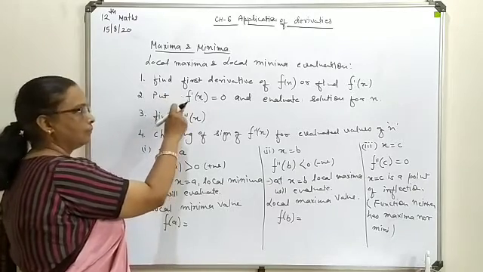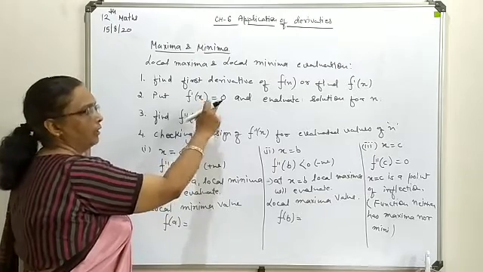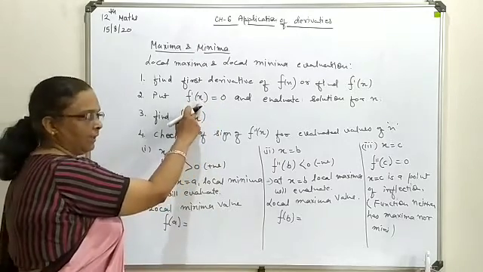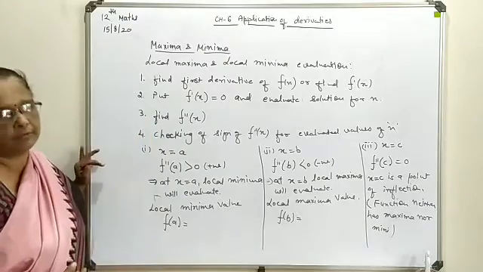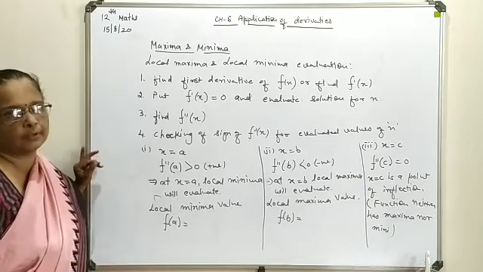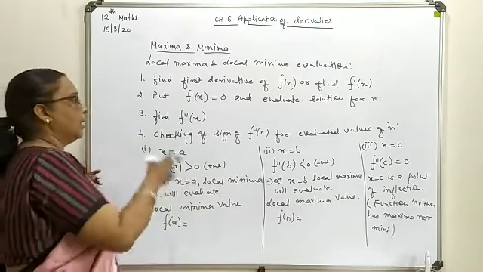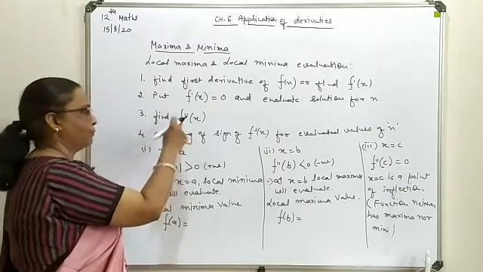Second step, make the first derivative 0 to evaluate the x value. At this step, you may have more than one solution for x. Third step, find the second derivative.